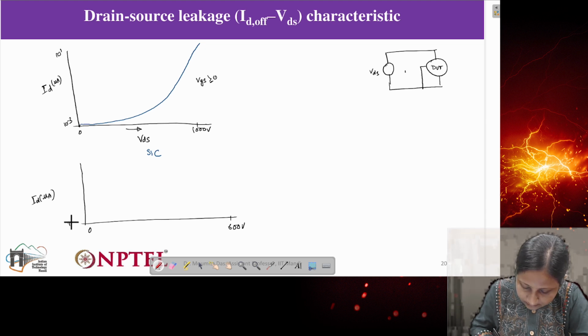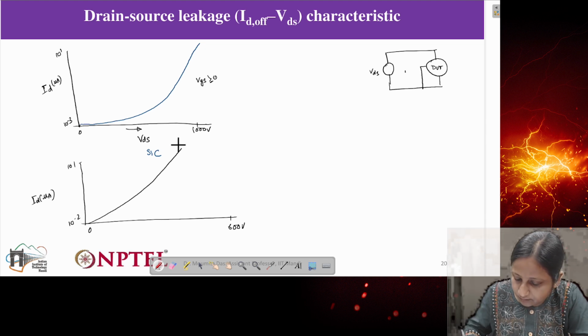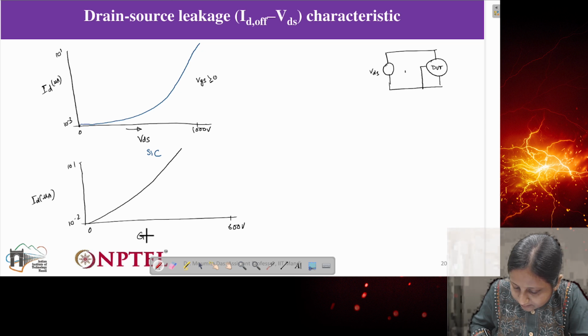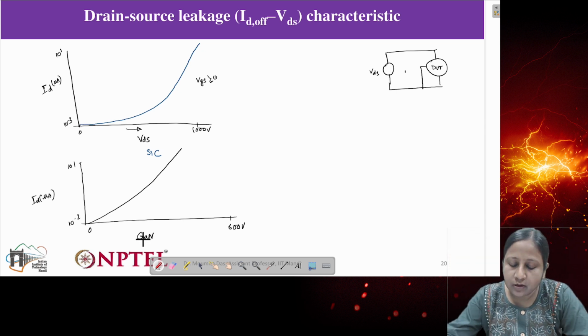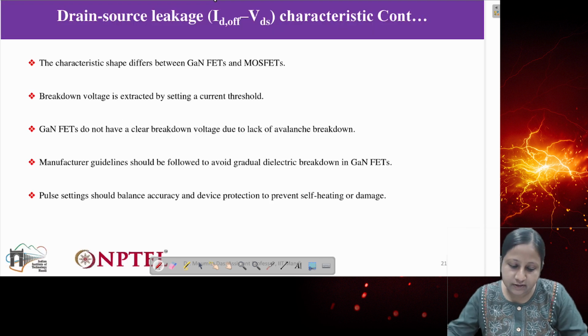So it is, let's say, 10 to the power minus 2 to 10 to the power 1. So it will be slightly different. It will be like this. This is for GaN. So this is how you can get the drain to source leakage current and how it will vary with respect to different voltages. These are the different characteristics you can see.